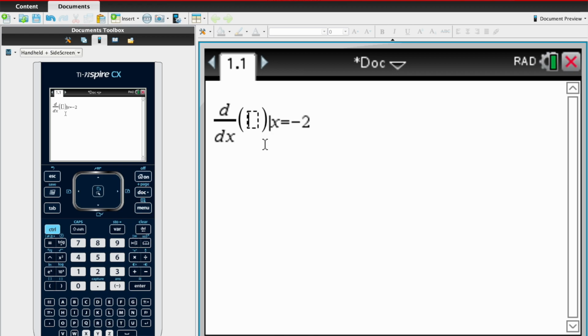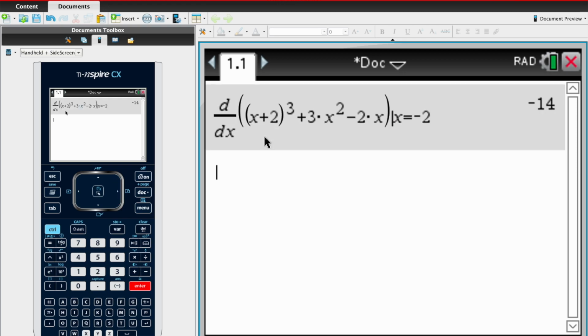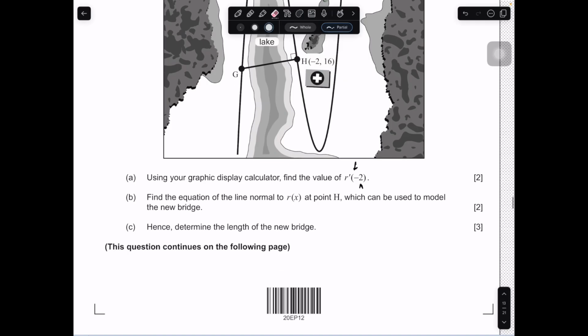Let's put a function in. It's (x plus 2) cubed, plus 3x squared minus 2x, and we want to find it at x is equal to -2. There it is. It's -14. So r prime of -2 is equal to -14.